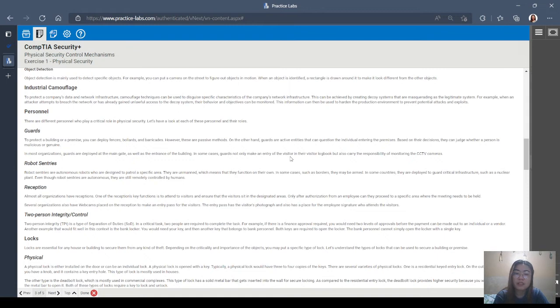Based on their decision, they can judge whether a person is malicious or genuine. In most organizations, guards are deployed at the main gate as well as the entrance of the building. In some cases, guards not only make an entry of the visitor in their visitor logbook but also carry the responsibility of monitoring the CCTV cameras.